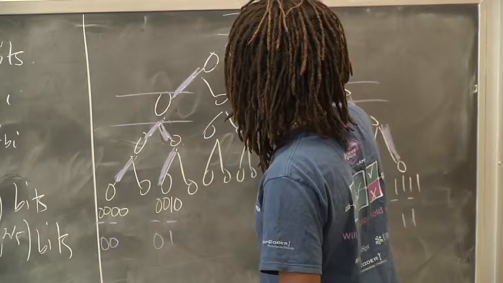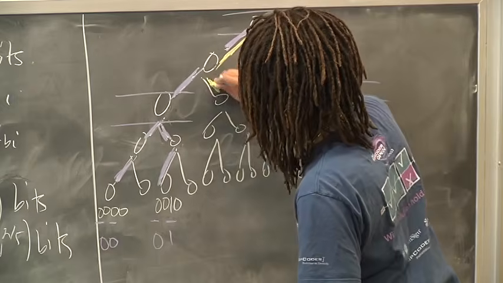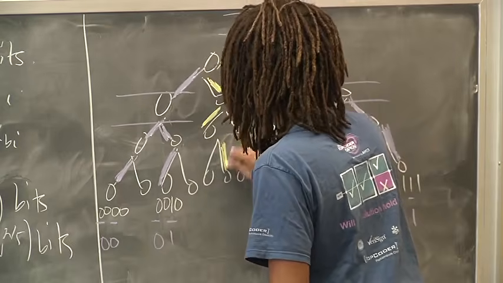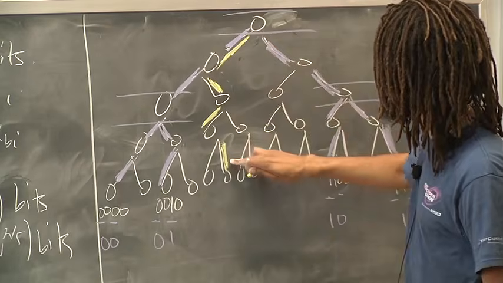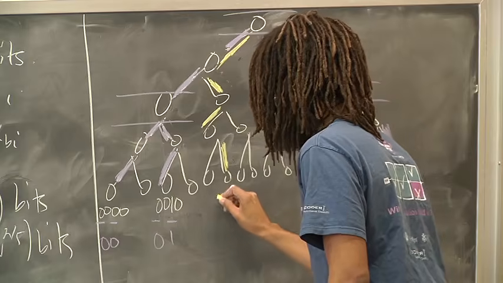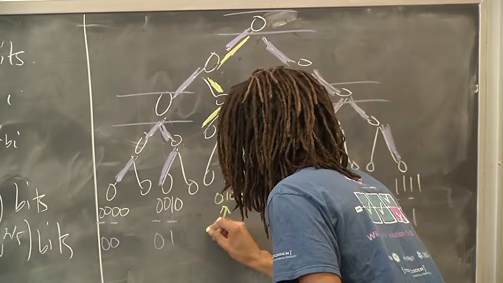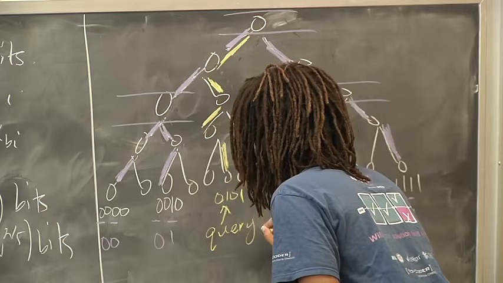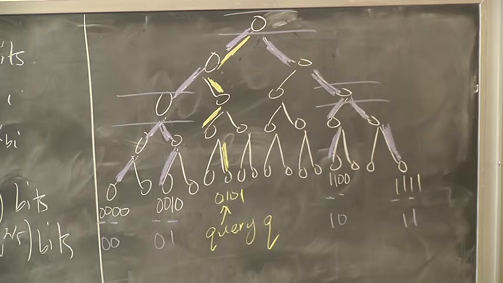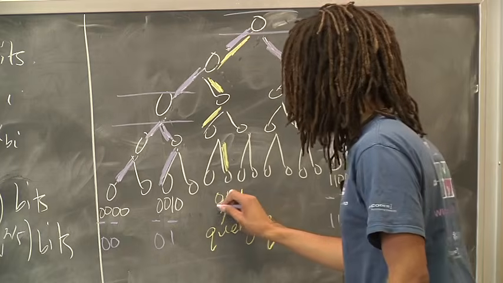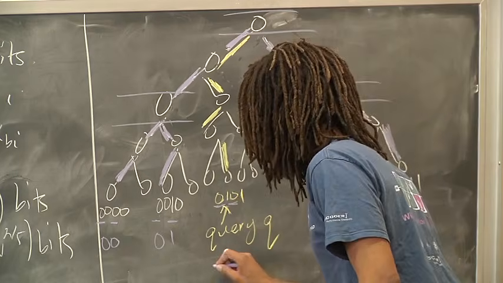Imagine a query comes in like this: 0, 1, 0, 1. This is our query. And what's its sketch? It's 0, 0.